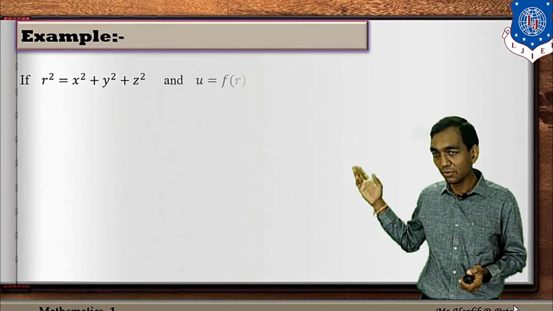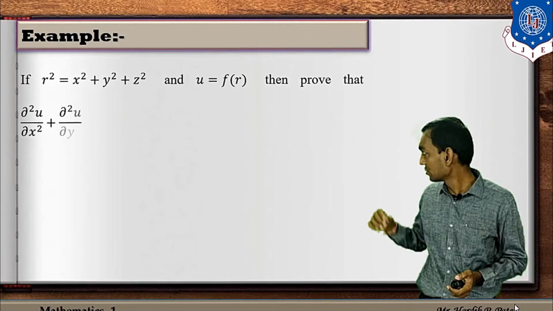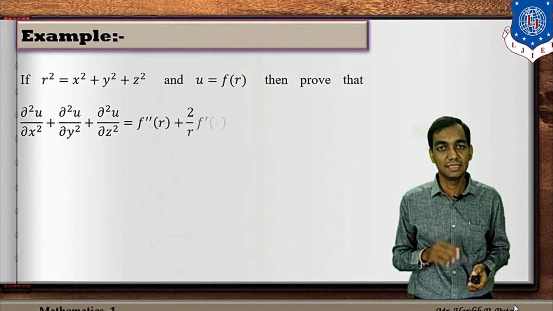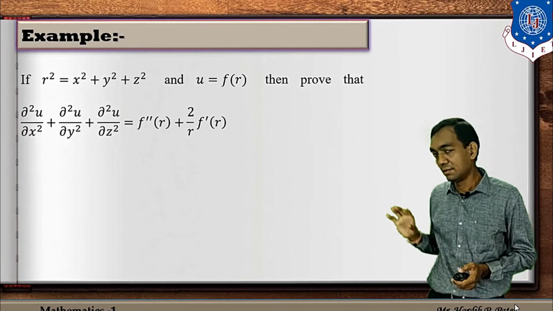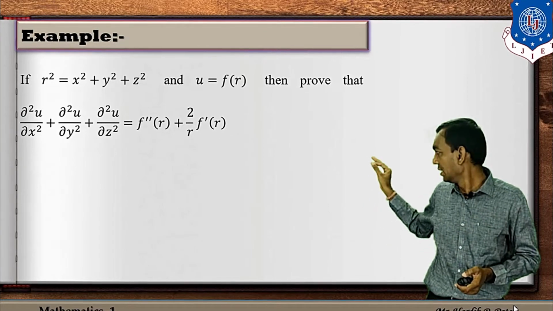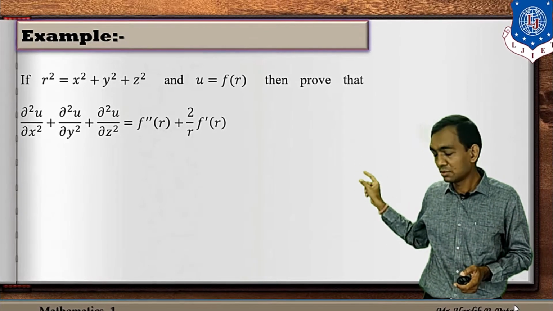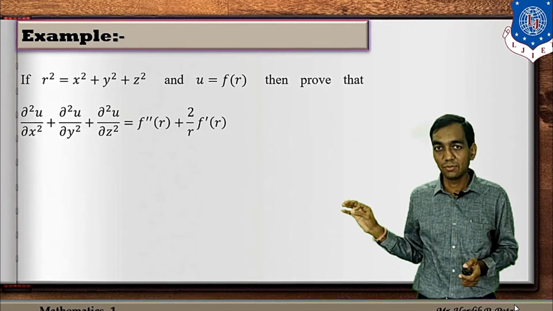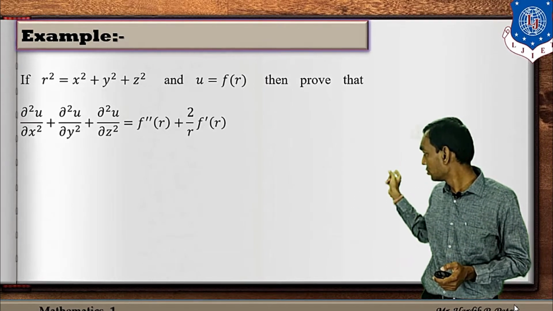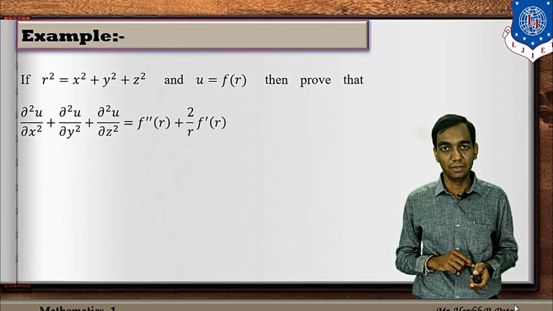Now we are going on to the example: if r² is equal to x² plus y² plus z² and u is a function of r, then prove that ∂²u/∂x² plus ∂²u/∂y² plus ∂²u/∂z² is equal to f double dash r plus 2 upon r into f dash of r.